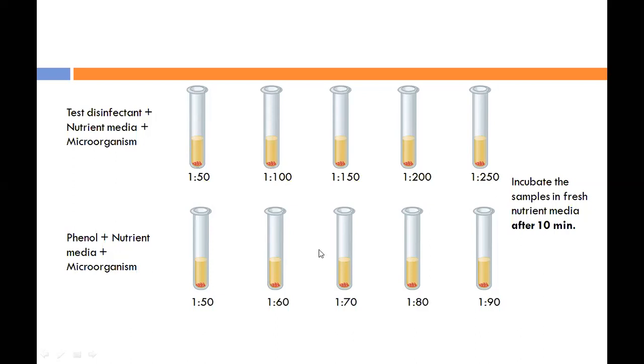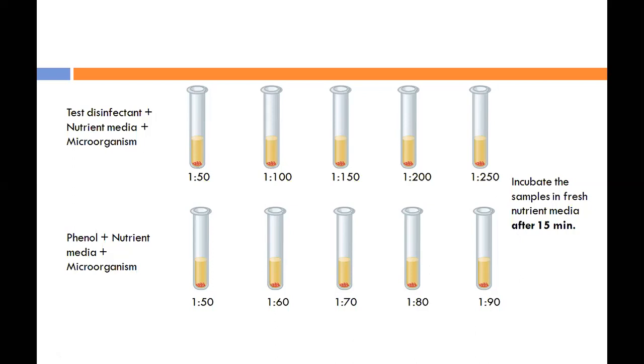After 10 minutes, again take a sample from each tube, inoculate it in fresh media, and incubate. Similarly, repeat the test for 15 minutes. So we have done the same thing for three different time periods: 5 minutes, 10 minutes, and 15 minutes. All these test tubes we are going to incubate to let the organisms grow.